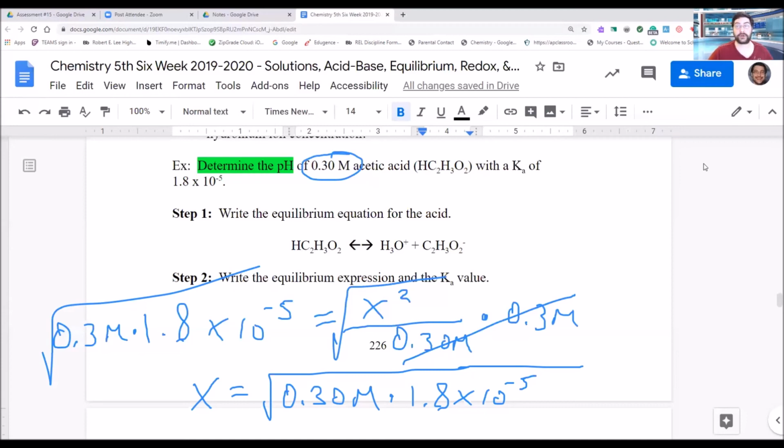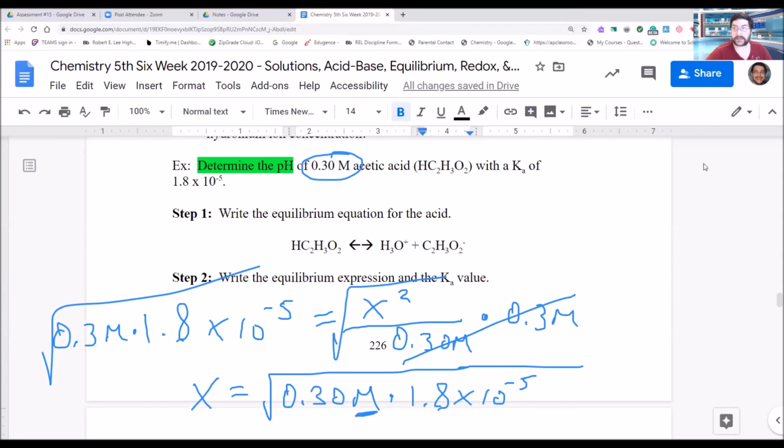There are things called orders of reaction, and based on what those are, the units of K can change. So in this case, I'm not going to go into that, and I'm just going to leave it blank. Since we know that x stands for the concentration of the hydronium ion, suffice it to say that molarity will be the unit that we end up with, since we're solving for a concentration.